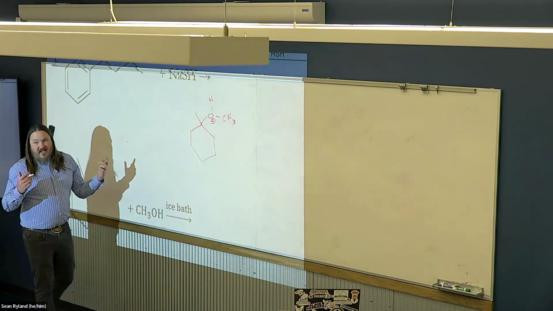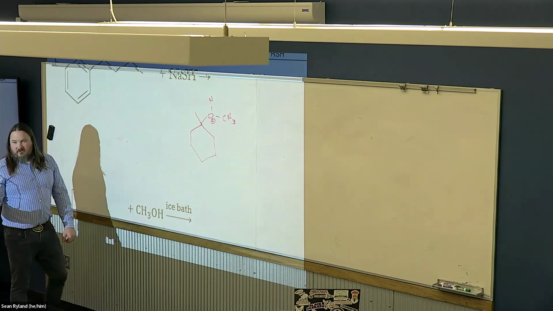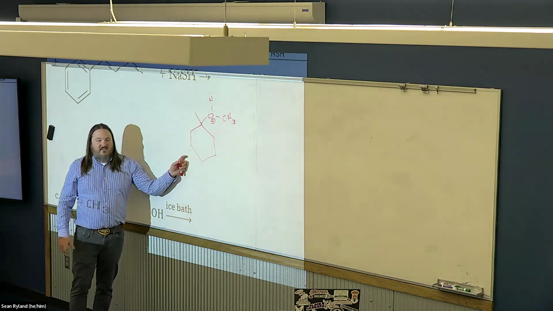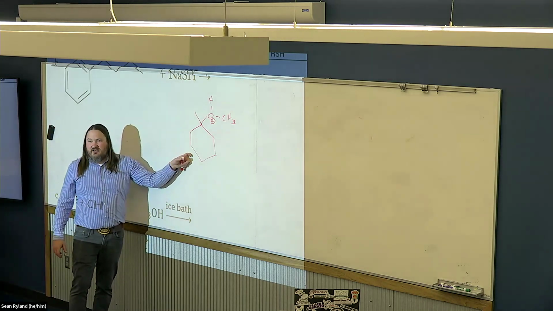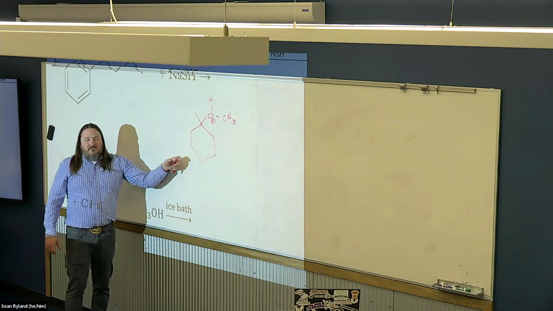So just to have a line in the sand, so to speak, when it comes to this class: if you can do a proton transfer and make it neutral, do it. This is still considered an intermediate for the sake of this class.